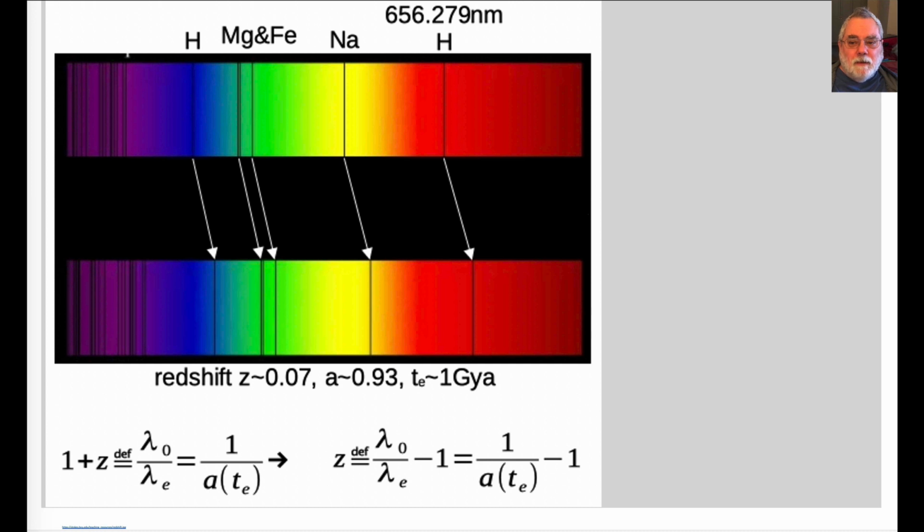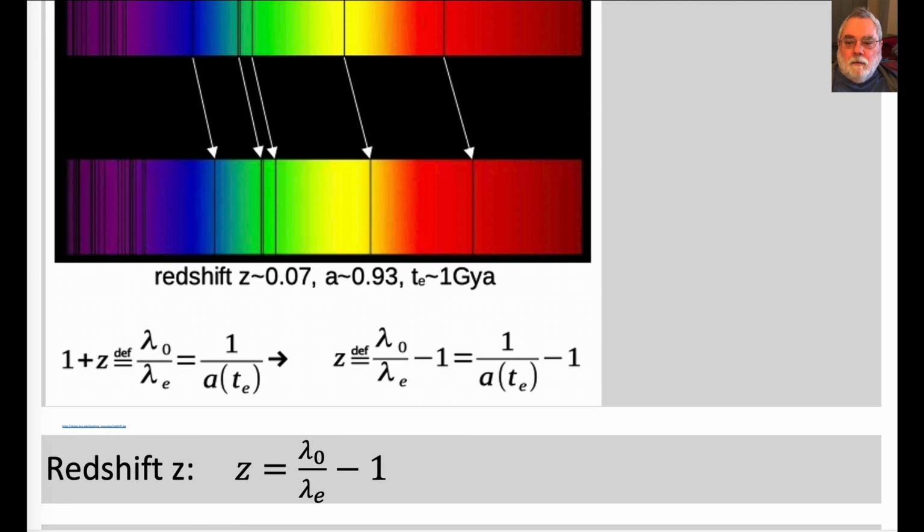They match up detected redshifted wavelengths of absorption lines, as on the bottom image, to laboratory wavelengths, as on the top image. The astronomer divides the observed detected redshifted wavelength by the wavelength they infer was emitted, and then subtracts 1 to give the redshift value z.